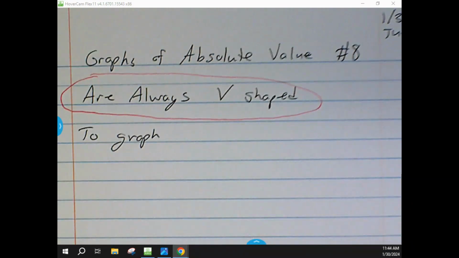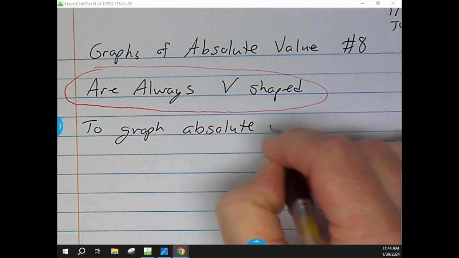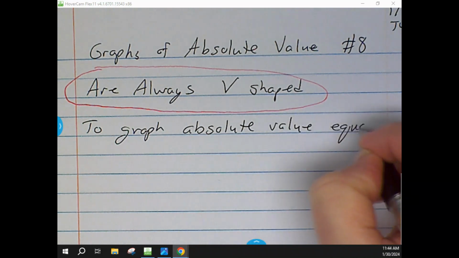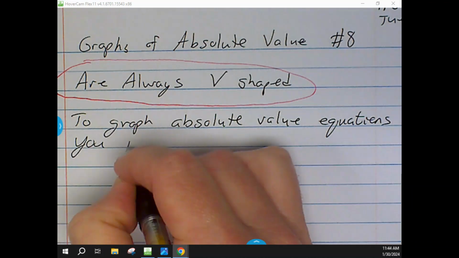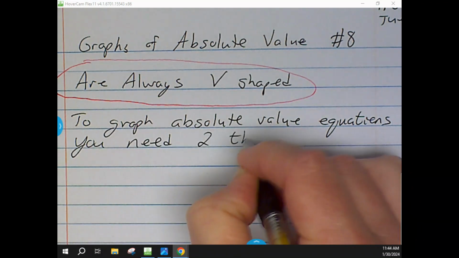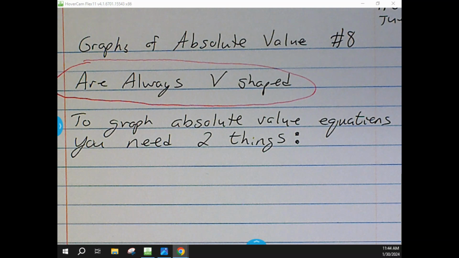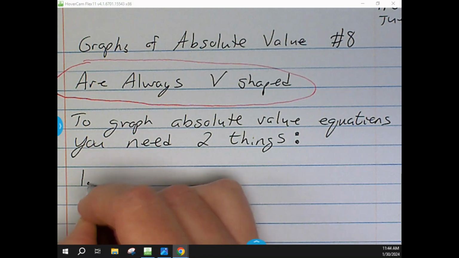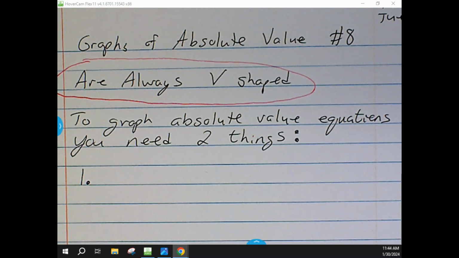Good. And to graph these equations that we're going to work with, you basically need two things. The first most important thing that you need today, and this will be the exact same thing that we'll do with the next topic we've got coming up, because the next topic is the exact same thing as absolute value, but instead of a V-shaped graph, it's going to be a U-shaped graph.